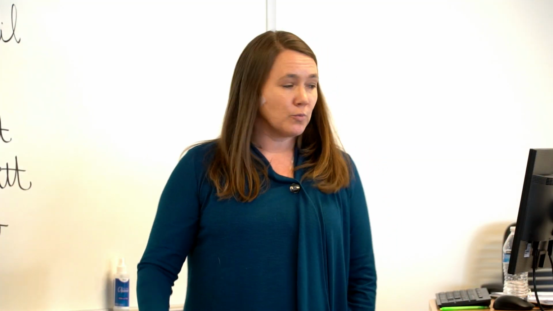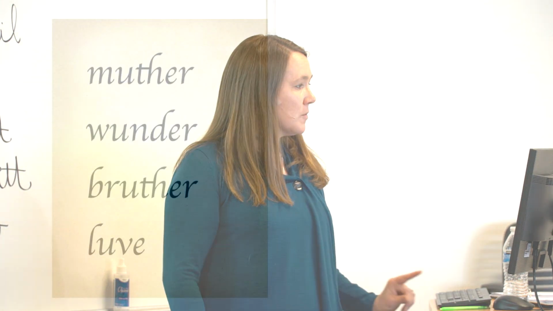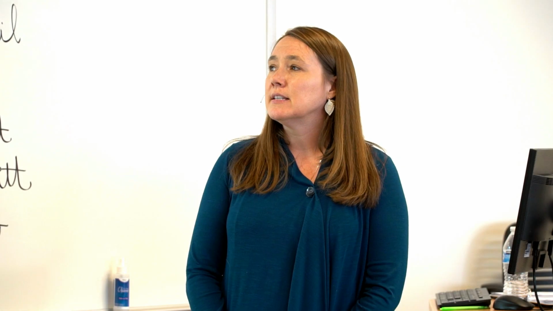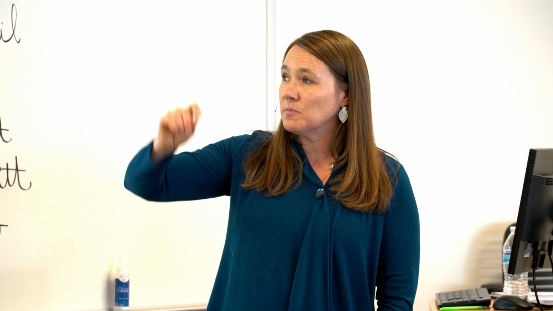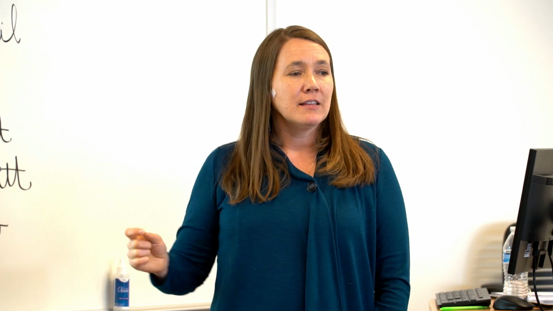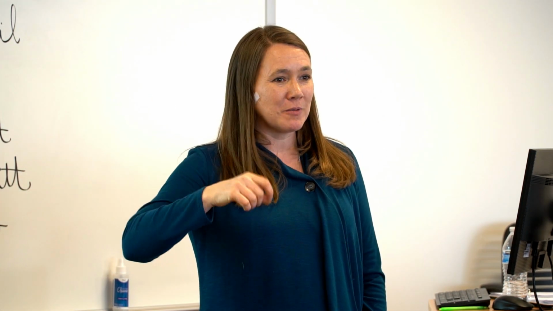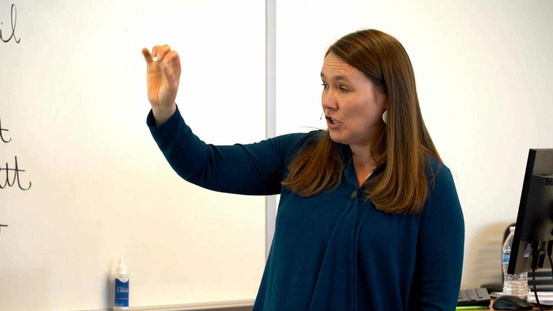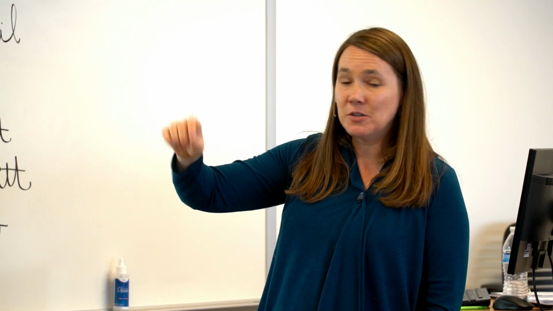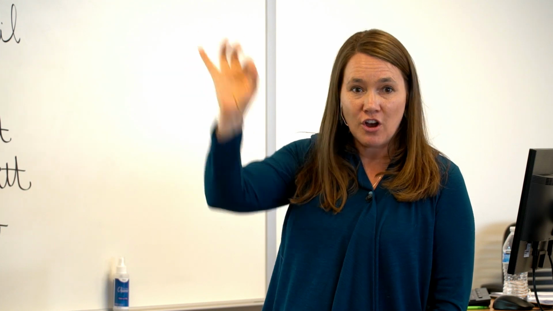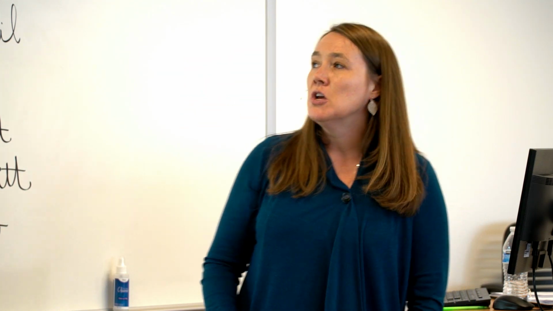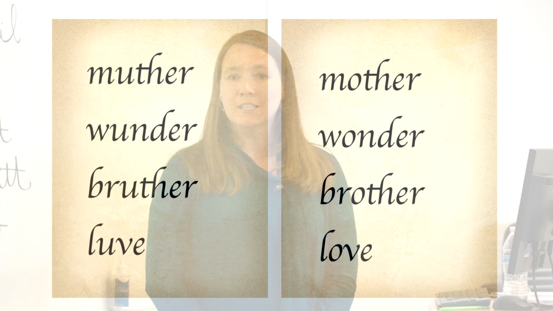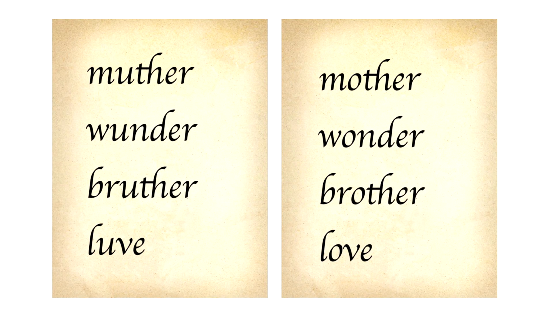And in English spelling originally, these words were spelled like this: mother, wonder, brother, love, with a U. And what's interesting about these words is that they changed because there were so many straight up and down lines that people found them difficult to read when they were written by hand, when there was this U saying "uh" next to a W, TH, M, N, or V, because those letters all have a lot of straight up and down lines in them. And so the scribes began to replace the spelling with an O. So we like to call this the lazy O.